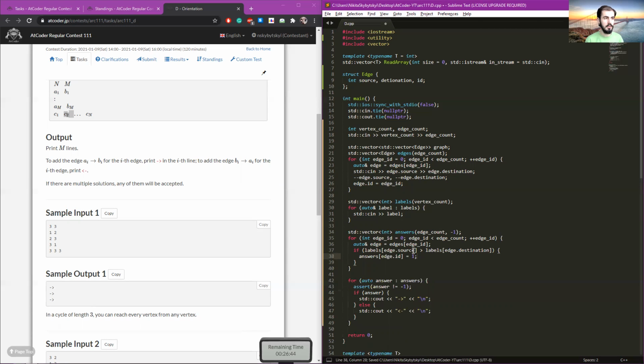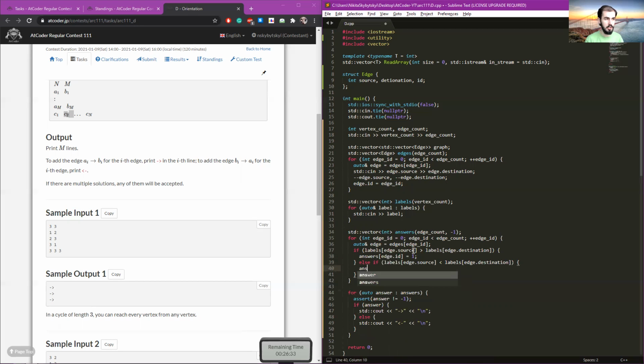So if so, then so. If, however, we have the opposite situation, then we have to reverse the edge.